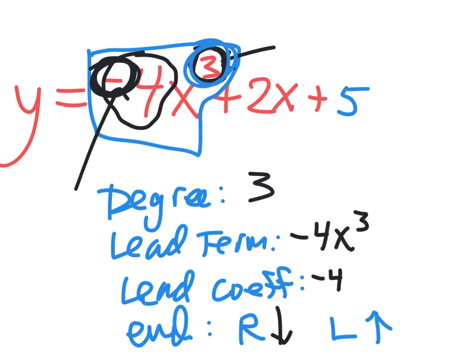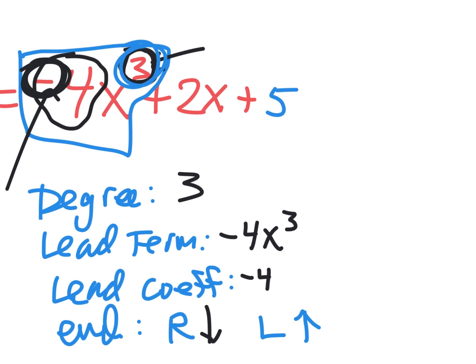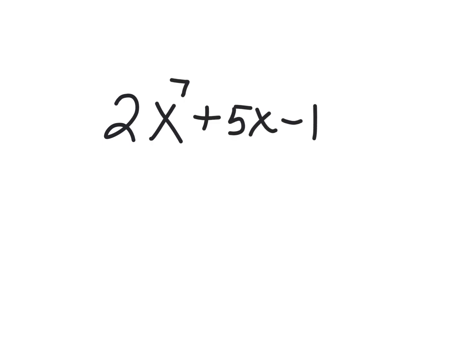Raise your hand if you had all of those right. That's not many people. So let's make sure you've got that now. Do you understand from me talking you through? Right now, everybody, somebody's not with me. I know who you are, but I'm not going to say your name. Everybody, write this down: 2x to the 7th plus 5x minus 1.